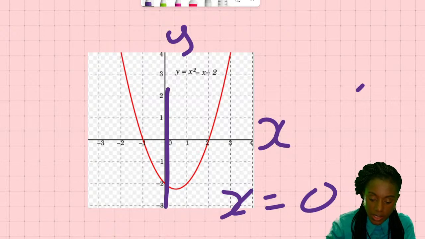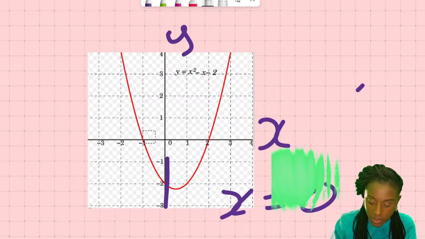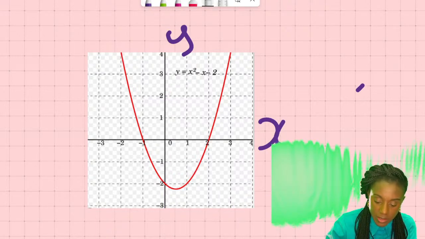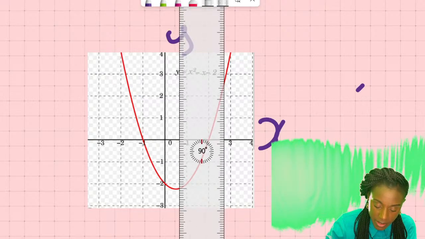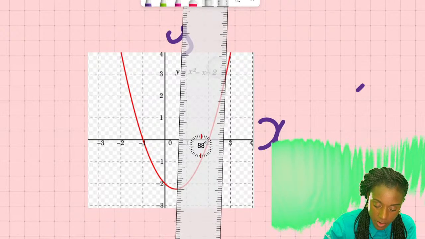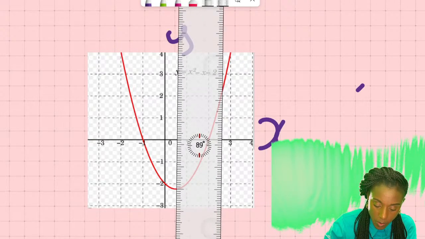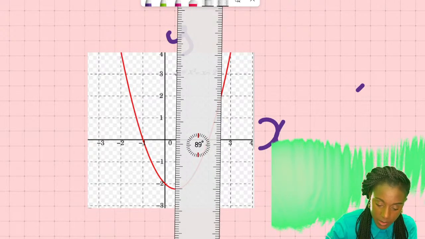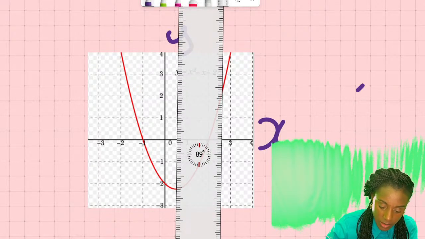Again, if you look at our graph carefully, the axis of symmetry would fall directly between 0 and 1 on our x-axis. I'm not holding my ruler straight, but let me get this drawn for you all.